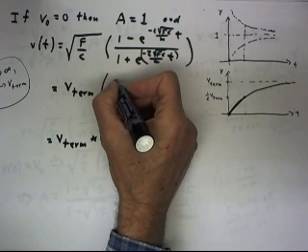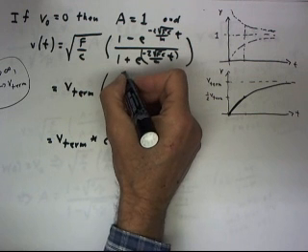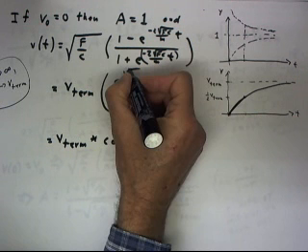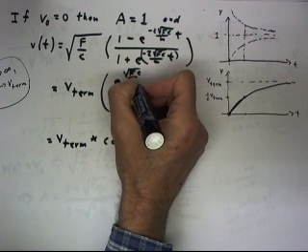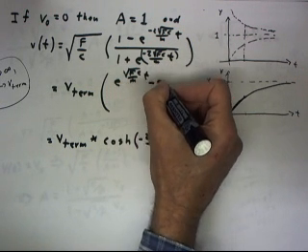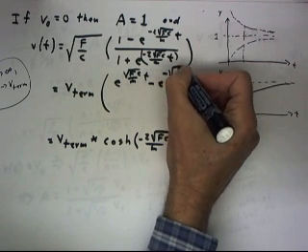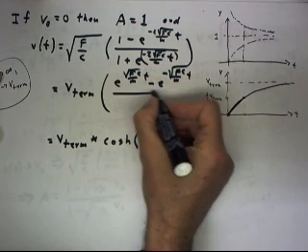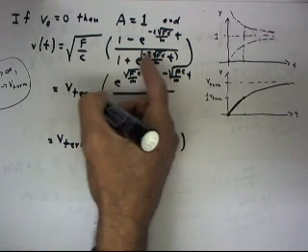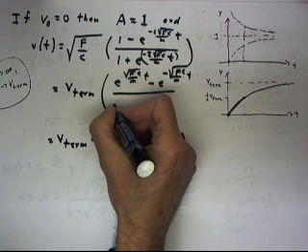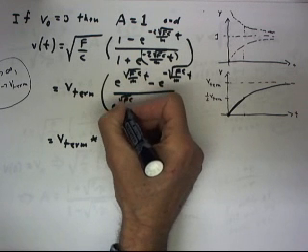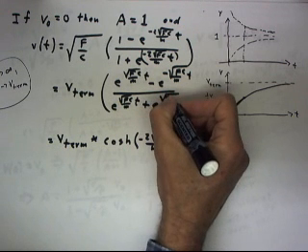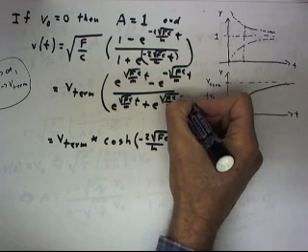I'm just going to write out the result, and it should be fairly easy to see that this is going to give us e to the square root of Fc over m times t minus e to the negative square root of Fc over m times t, divided by, the denominator has to be multiplied by the same quantity, e to the square root of Fc over m times t plus e to the negative square root of Fc over m times t.